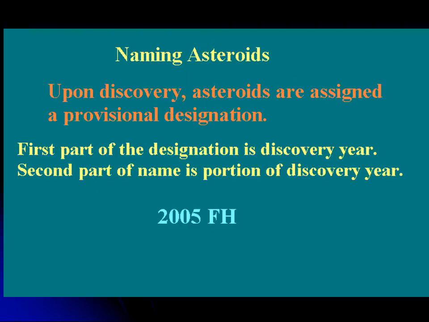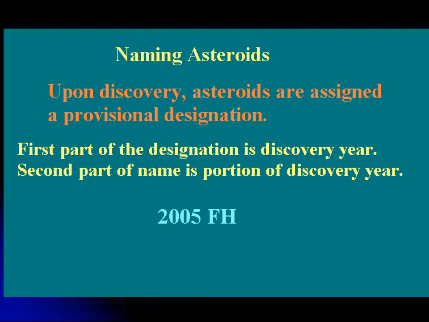So the first thing that happens when you get an asteroid discovery is it gets a temporary designation. The temporary designation starts with the year of discovery. So my example here, 2005 FH. The 2005 means that it was discovered in 2005.